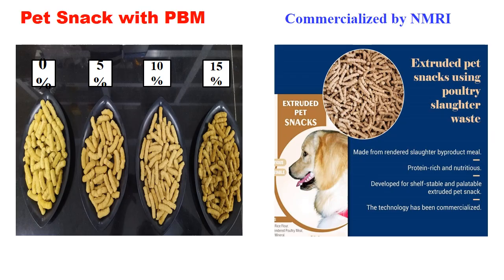Here we can see the pet snack we have prepared using different levels of poultry byproducts meal, up to 15%. A storage study and palatability study was done in Hyderabad, and finally the suitable technology was transferred to the industry for commercial production. So this is a success story for making poultry byproducts meal and using it in a poultry pet snack.